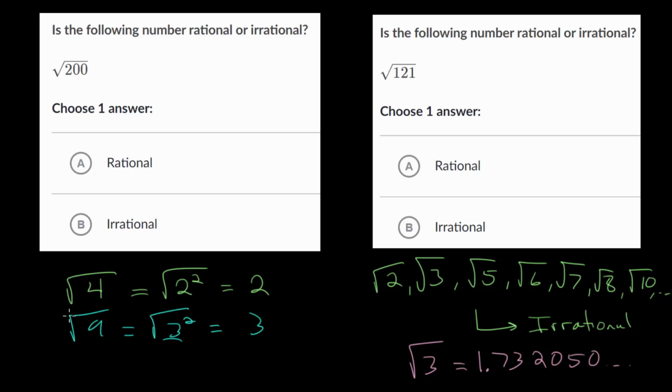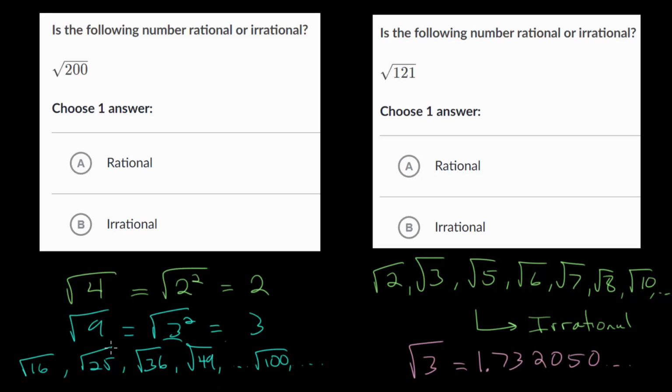And that should make sense because the square root of 9, what number multiplied by itself gives you 9? That is 3. So other examples would be square root of 16. We know that's 4. Root 25, that's 5. Root 36. Root 49. And so on, even maybe like the square root of 100.